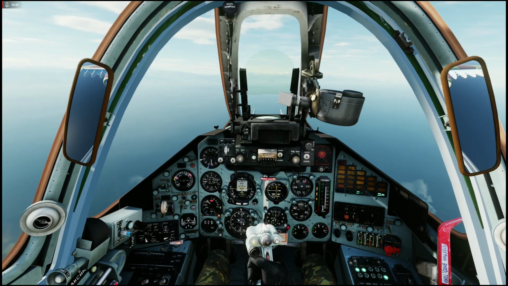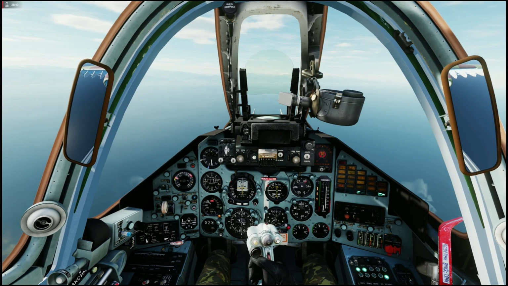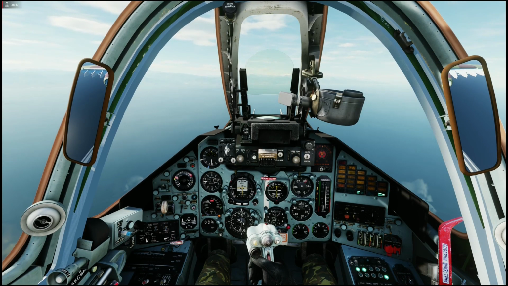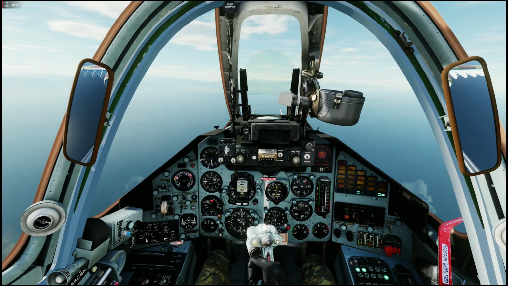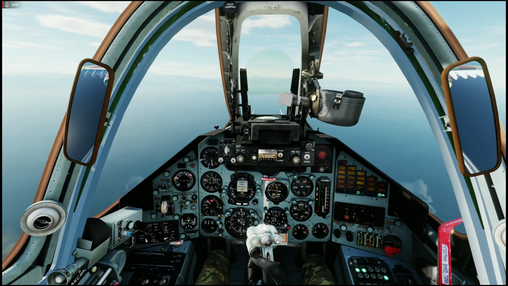So as you can see, the yellow horizontal line on the ADI is slowly coming down, and I'm slowly climbing, and I predict that at 1800 is where the briefed altitude is.